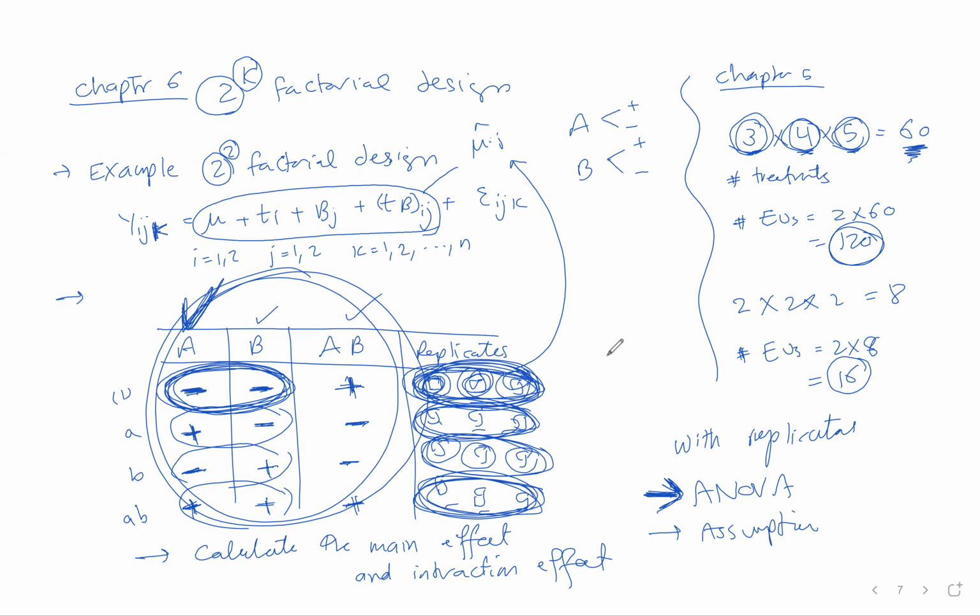Some people use 5%, some people use 10%, but most people actually use 10%. If the p-value is greater than 10%, the assumption is satisfied. If it is less than 10%, the assumption is not satisfied.